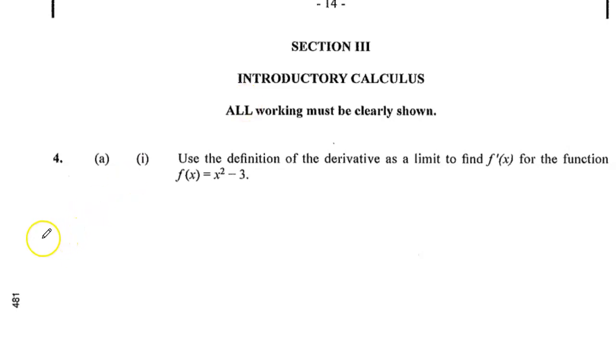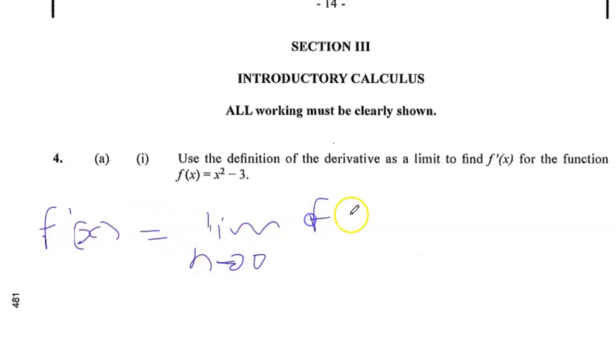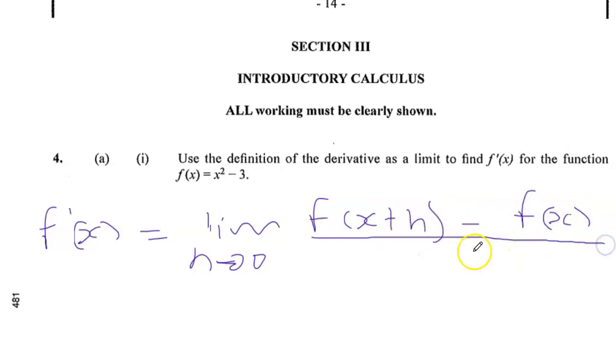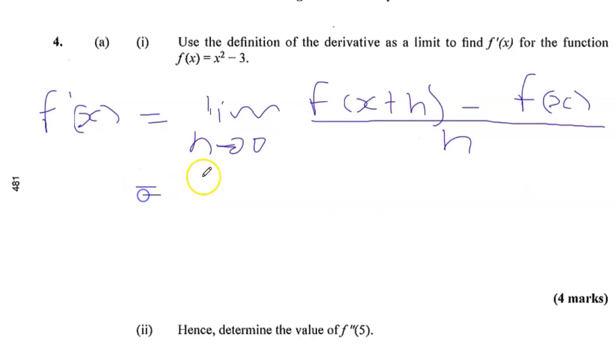So the definition, f prime x, derivative of the function, is the limit as h approaches 0 of f of x plus h minus f of x all over h. Let's continue.